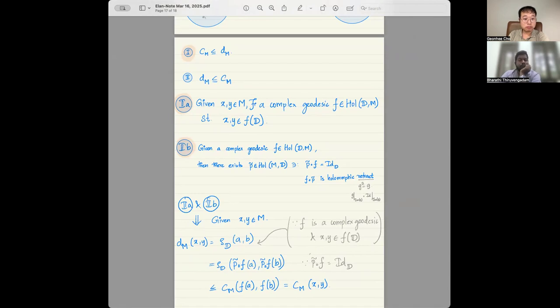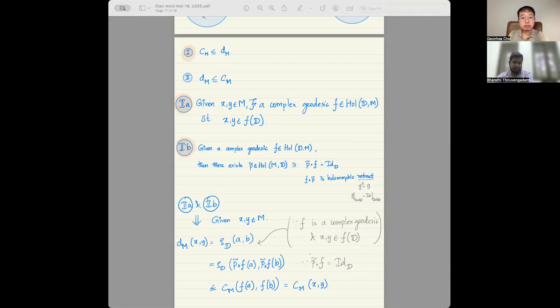It's telling us that the infimum defined over all Poincare distances of images, which is used to define the Kobayashi metric on the manifold M, is in fact attained by this F. So complex geodesic is choosing a very nice element of holomorphic maps from D to M, such that the Kobayashi distance on the manifold is realized by the Poincare distance.